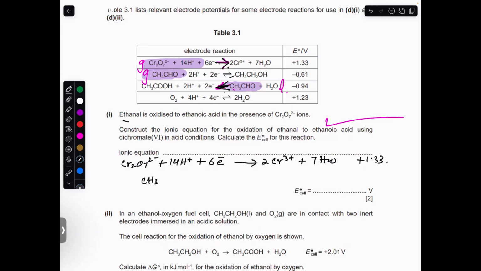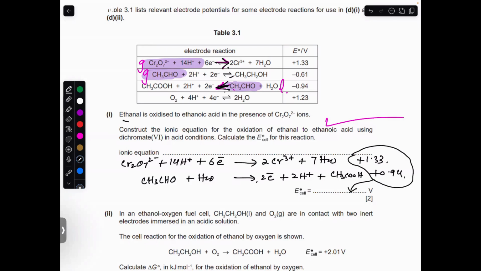And this is CH3CHO plus water, losing 2 electron, 2H plus, CH3COOH plus 0.94. This is the E cell.